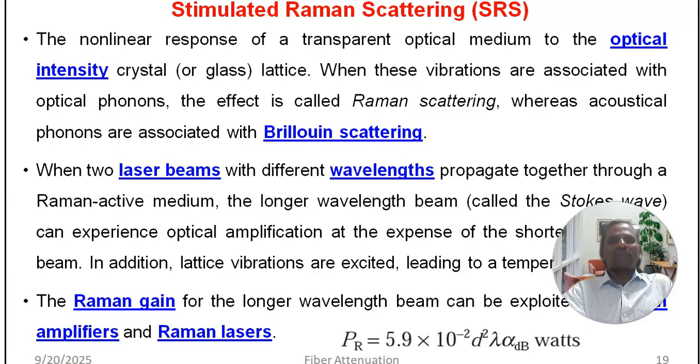When two laser beams with different wavelengths propagate together, Raman scattering will be activated. In addition, lattice vibrations are excited, leading to a temperature rise. This Raman gain of the longer wavelength beam can be exploited in Raman amplifiers and Raman lasers. Here the threshold is directly proportional to the wavelength.